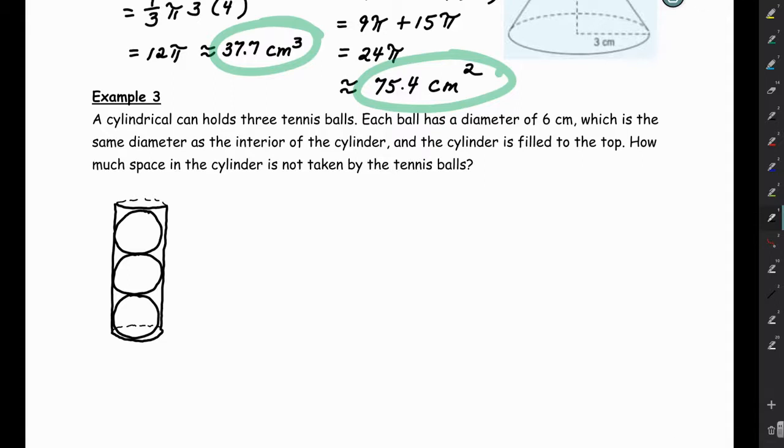All right, so I kind of have a rough sketch there. Now I'm just going to label it up. The diameter of each ball is 6. So I'm saying from here to here is 6, here to here is 6, here to here is 6. That means that the radius of each ball is 3.